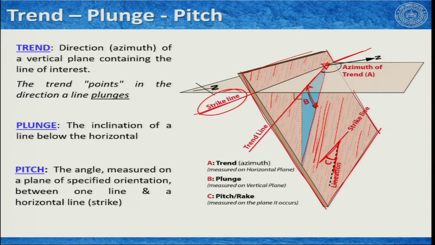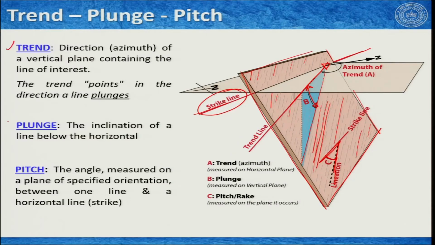To show you, this is the plunge, the angle I make to meet it horizontally, imaginary. If this is the strike line, then if I take it this way along the plane, that gives you the pitch. Sometimes people refer to this as rake as well. So, this is how it has been defined here. You can get things out of this slide.